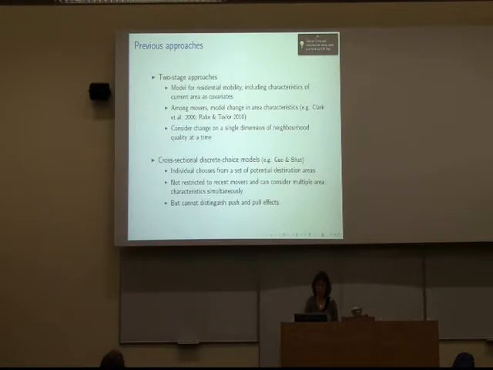And this analysis is not restricted to those who've moved recently, and it can consider multiple area characteristics. These are all entered as covariates, so these areas have covariates attached to them. But if you're looking at things cross-sectionally, you cannot then disentangle these push and pull effects. So we're extending these cross-sectional models to look at longitudinal data.